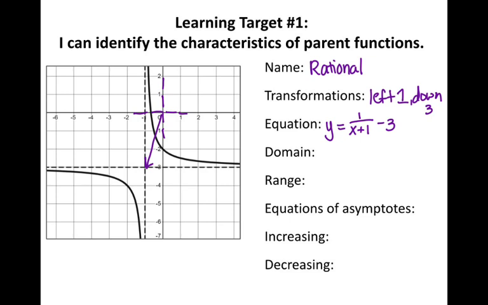For my domain, I need to see what is happening to my graph horizontally, so moving from left to right. So I can see this piece goes from negative infinity up to my asymptote. So we're looking at x values for domain. So it goes from negative infinity to negative 1.